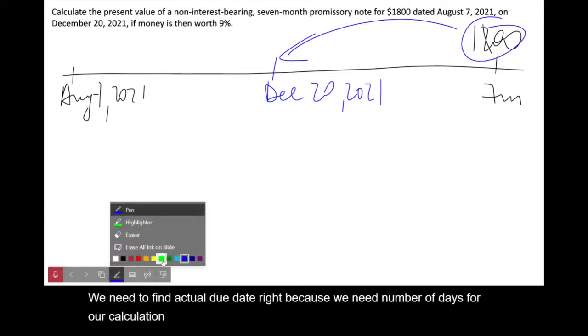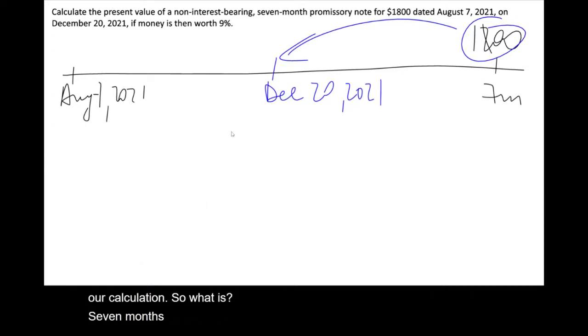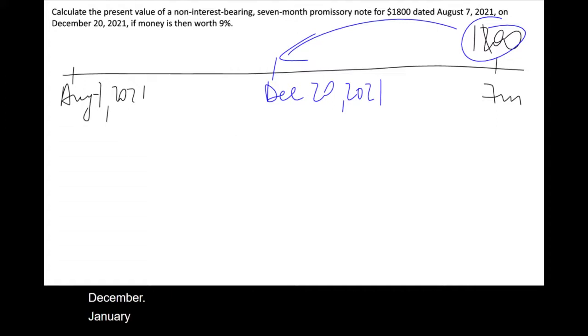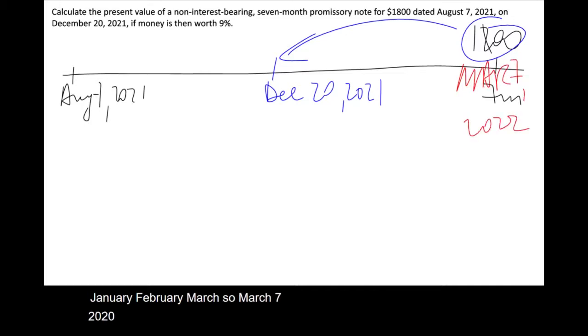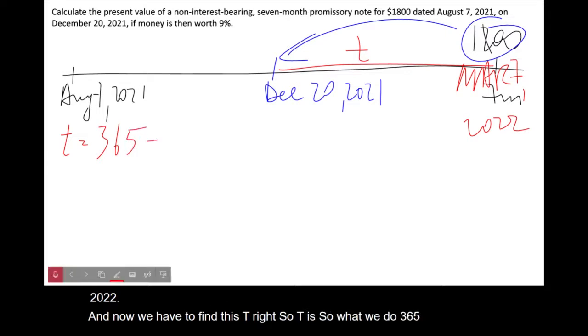So what is 7 months? August 7, so I have September, October, November, December, January, February, March. So March 7, 2022. And now we have to find this T, right? So what we do, 365 minus December 20th.